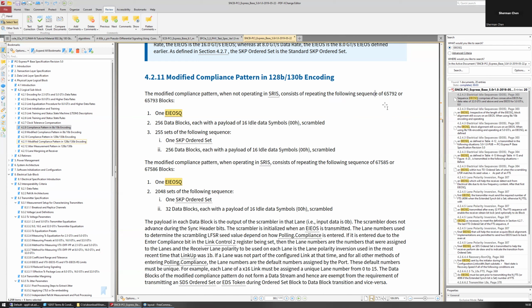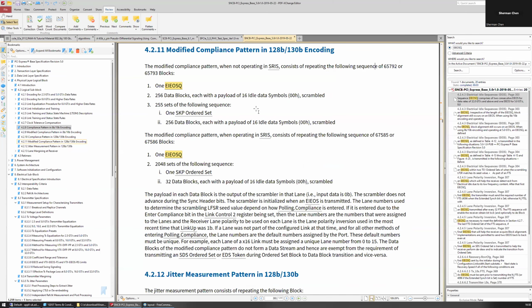It consists of 65,792 or 65,793 blocks. That's a lot, isn't it? So the first block is one electric idle exit ordered set sequence, and block 2 consists of 256 data blocks.